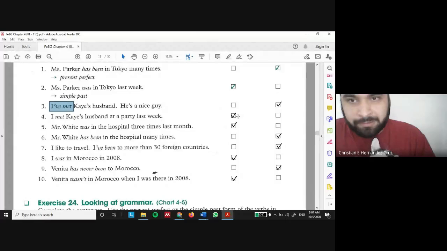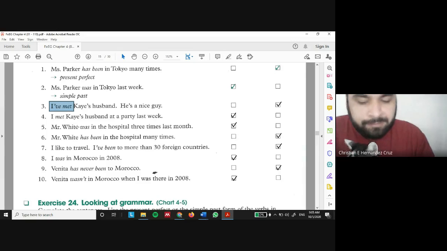Number 4, we're saying this is specific. Sorry, I got tongue-tied. I met Kay's husband at a party last week. So we're saying this is specific because it says last week, and we're using a verb that is simple past. So this is correct as well.